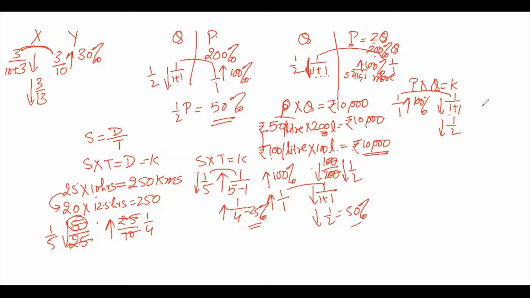But if I'm spending the same money, 10,000 this time again, and the price of petrol because of the war has gone up to 100 rupees per liter, my quantity will be only 100 liters. So here I want to tell what is the change in price and quantity. If the product of two values is constant, if one increases, the second decreases. The same formula that we have discussed earlier.